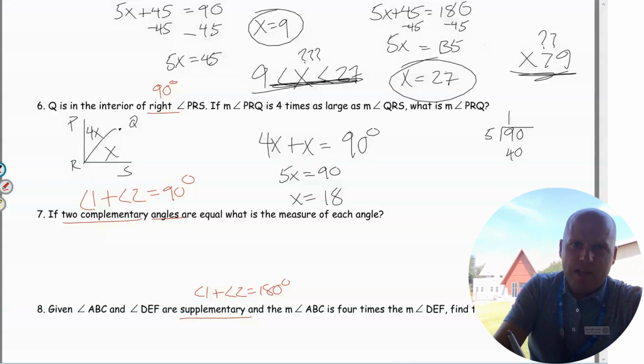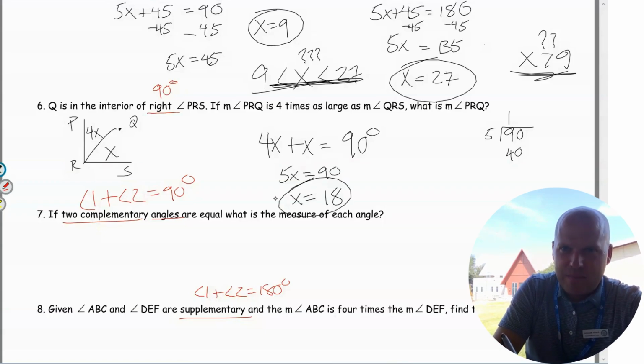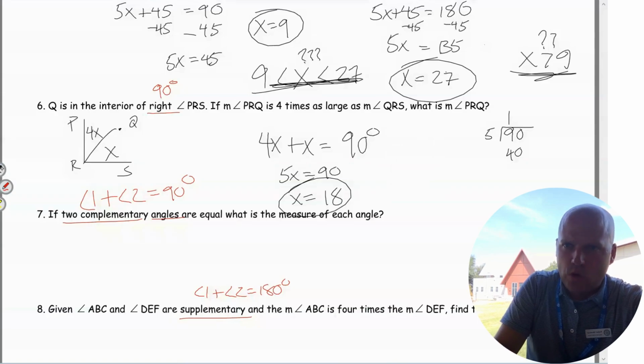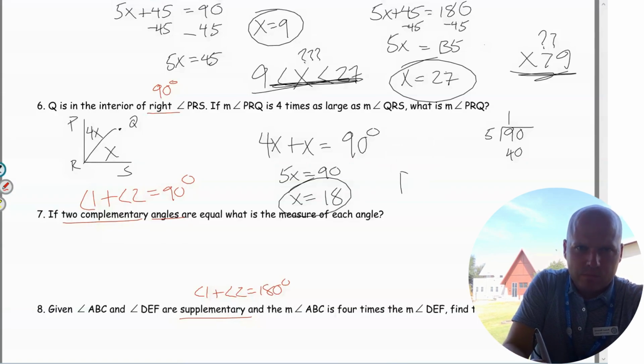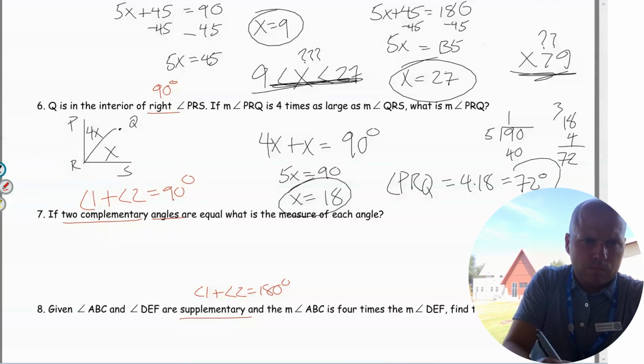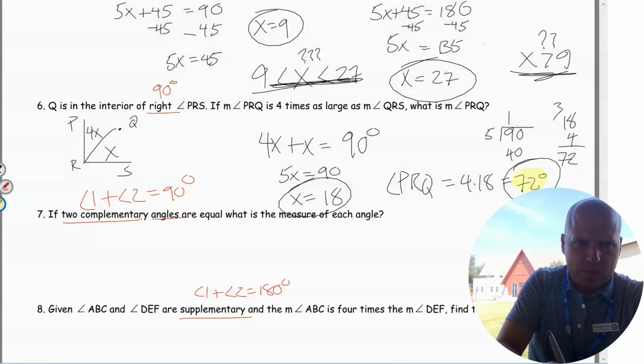Cool. If x is 18, that means PRQ is 4 times 18. Whatever that is, let's just do it. 72. This is the answer we're looking for. This just happens to help us get the answer.